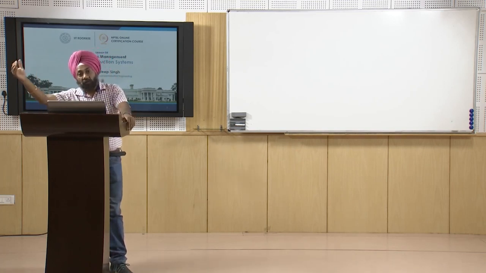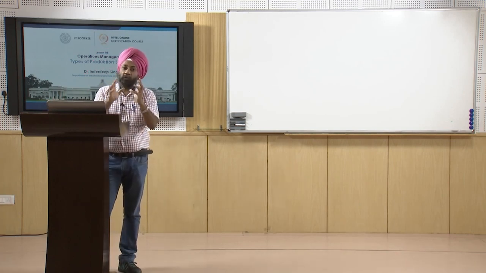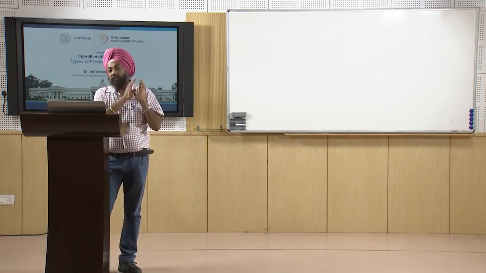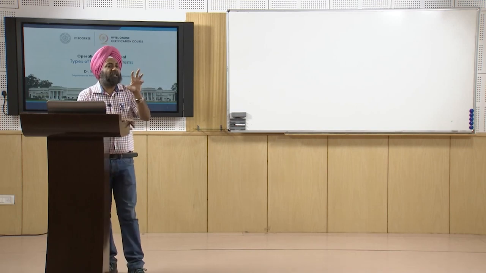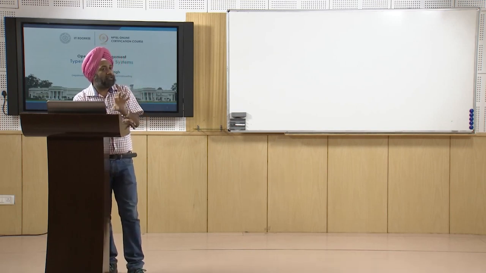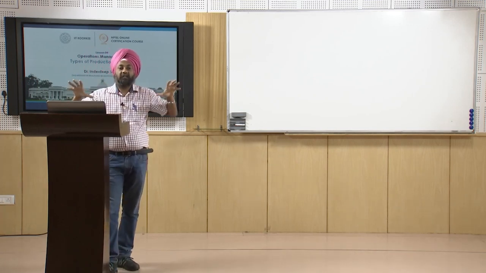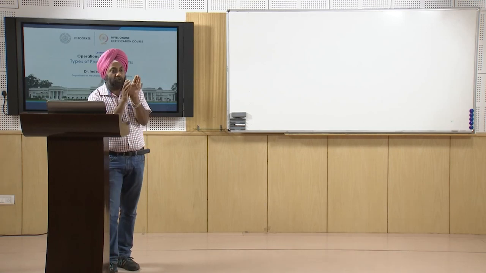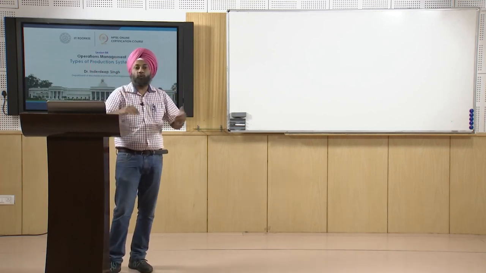Whereas on the other side, if there is a continuous type of production, there is a regular demand, and we are producing the same product maybe for 3 years or 5 years, what type of skills are required? Specialized skill of a person, because he has to do the same task on a regular basis. So we don't require a versatile skill set for a person who is working on a specific operation in a continuous type of production system.